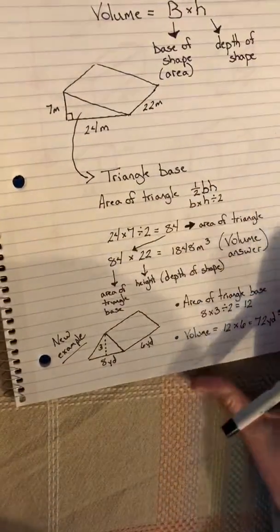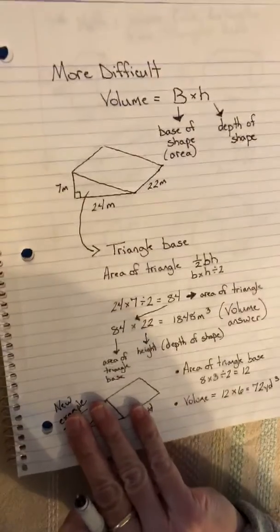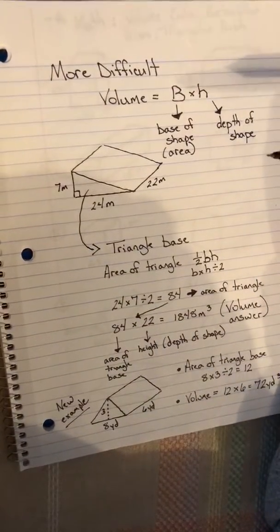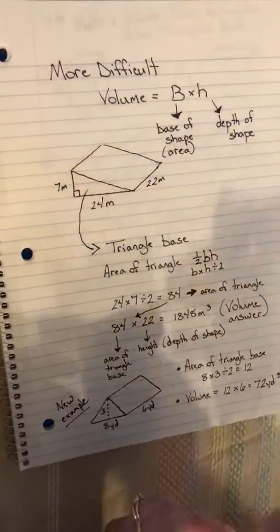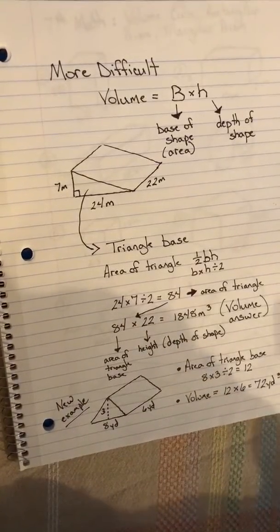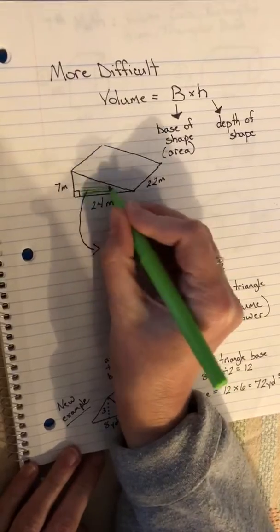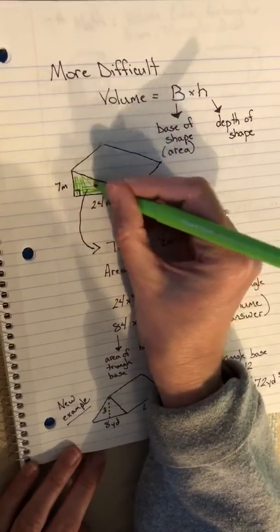Now let's take a look at the more difficult ones. With this problem, here we have what's called a triangular prism. You're gonna get a couple of these on your homework. Here's the triangular part, which I'm gonna shade in green.